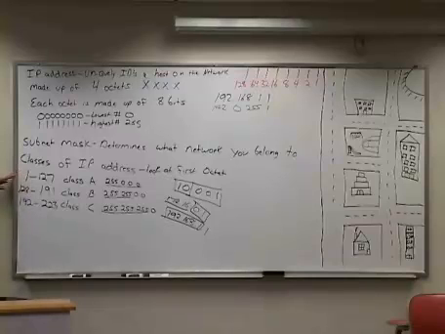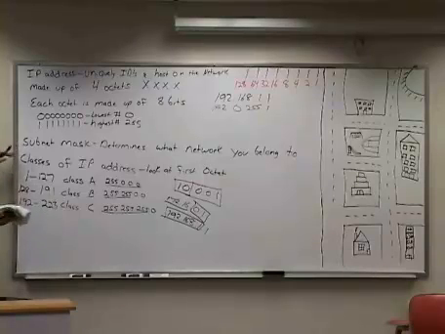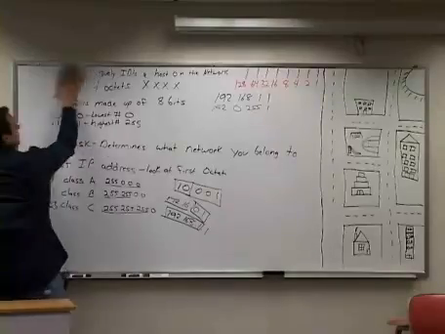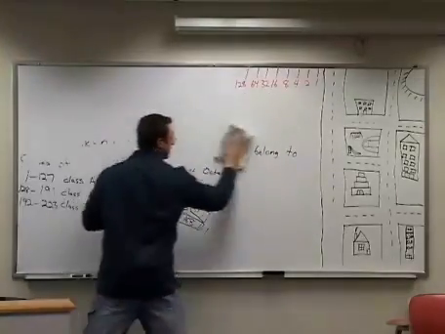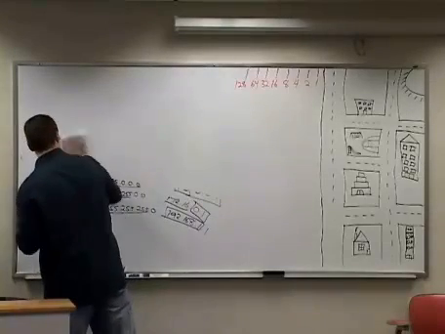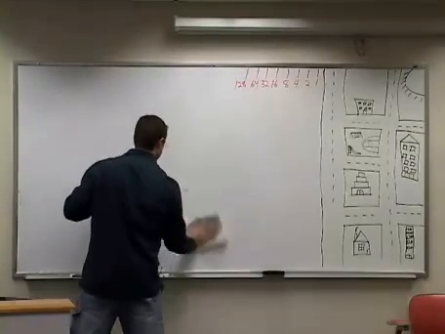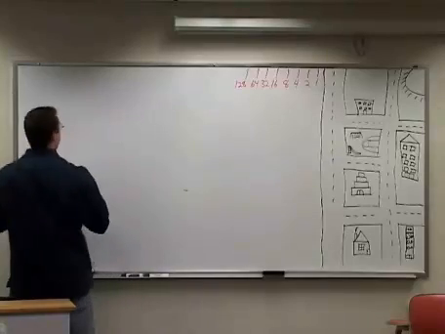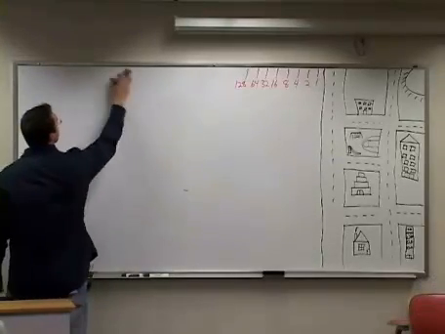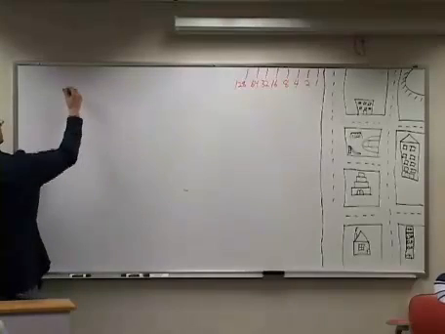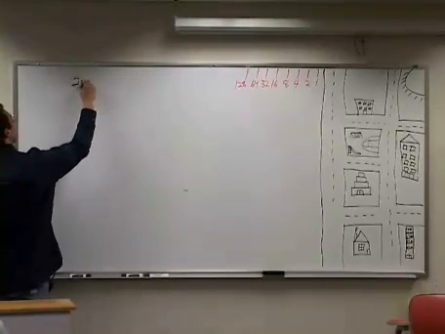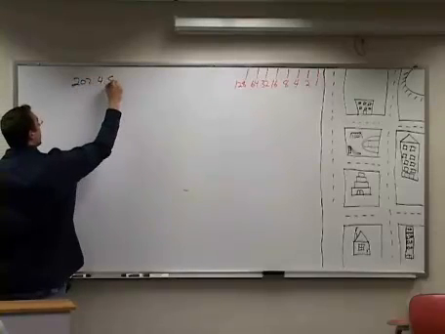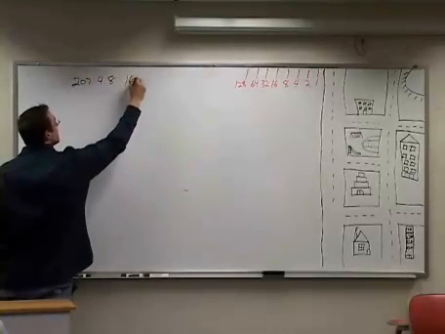Questions on anything here? Okay, what I said is the subnet mask determines what network you belong to. So let's say that I have an IP address I'm looking at, and the address is, we'll go with 202.4.8.162.